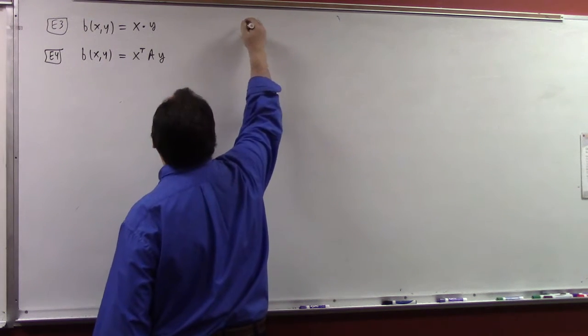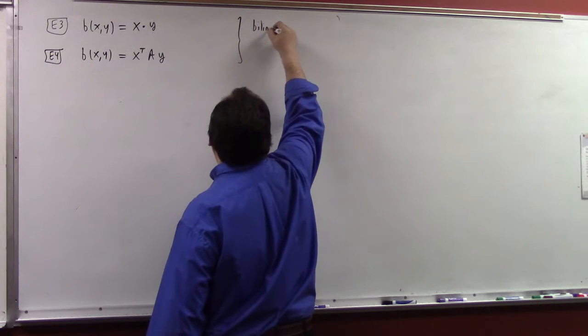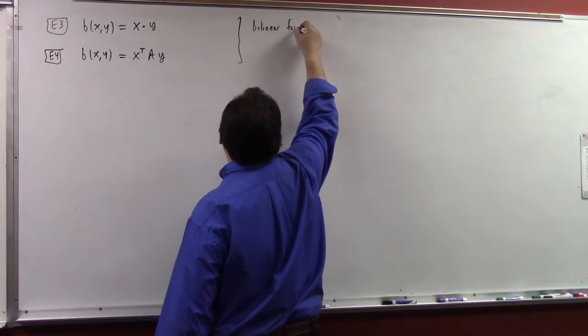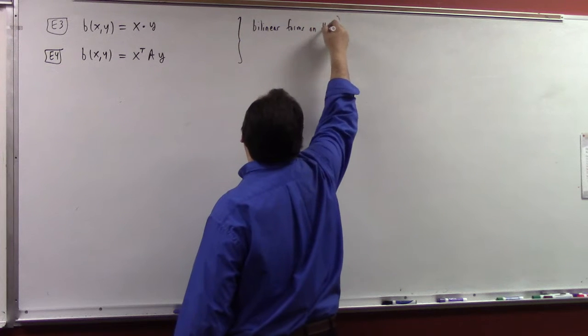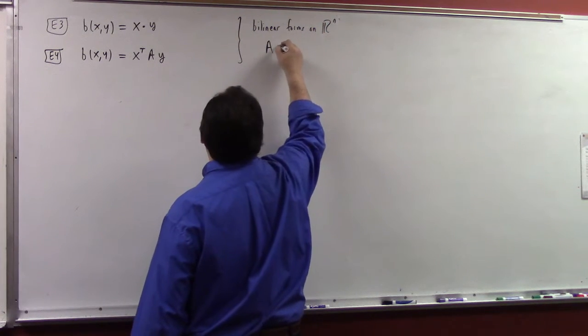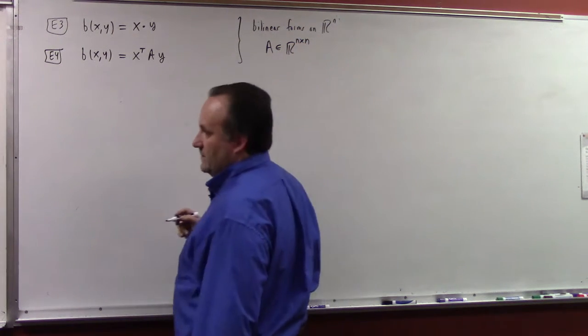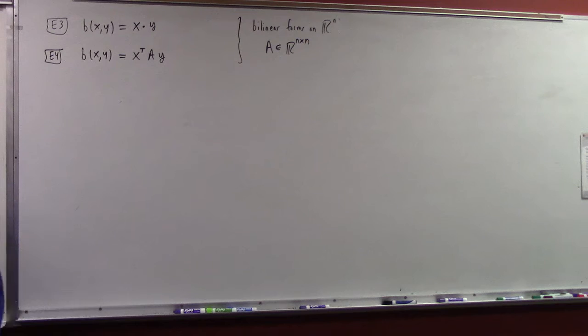So here again, bilinear forms on Rn. Here A is an n by n square matrix, okay? Now we can easily check that, of course you know that the dot product satisfies bilinearity.